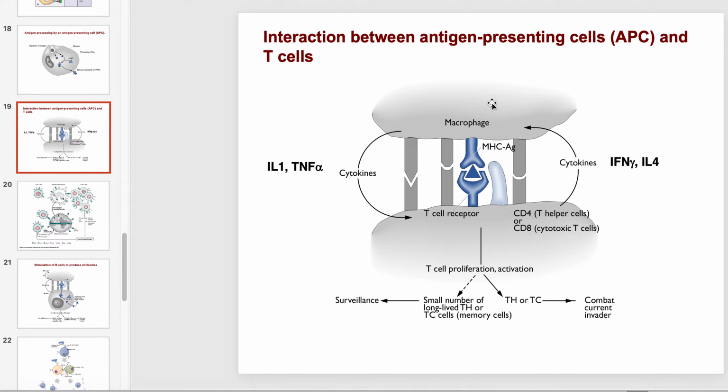And in turn, that causes the macrophages to divide and as well the T cells to proliferate and activate. Some of these T cells become the T helper or the cytotoxic T cells that fight the current infection. Some of these guys become the long-lived memory cells. And so these guys provide the surveillance for long-term immunity.